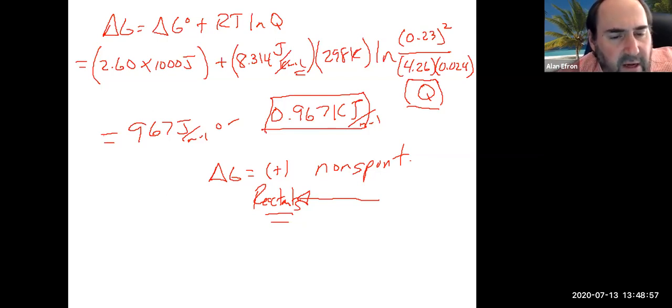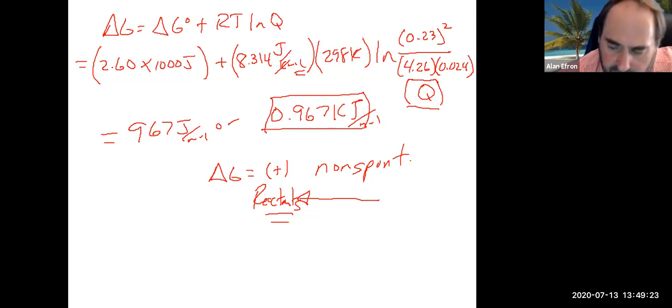As we talked about, this formula is used to calculate delta G under non-standard conditions. Could be something to do with the pressures, like in this case, something to do with concentration, or something to do with temperature, your three big ones that are not standard conditions.